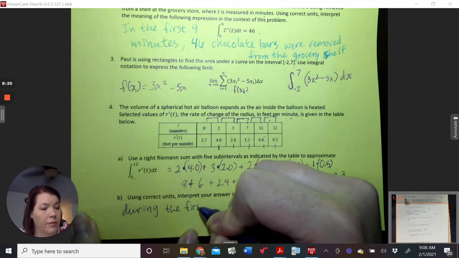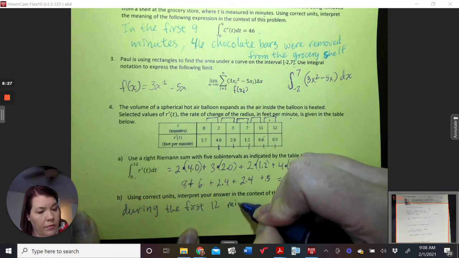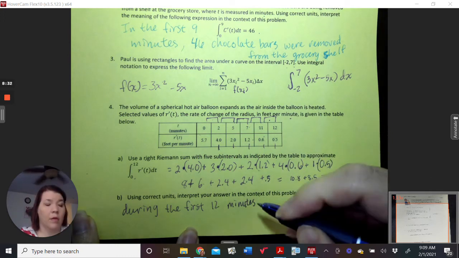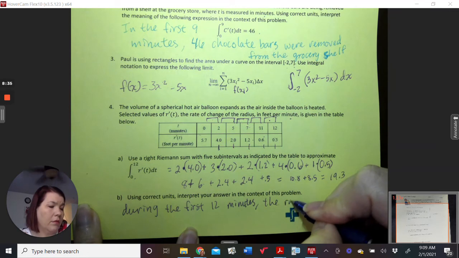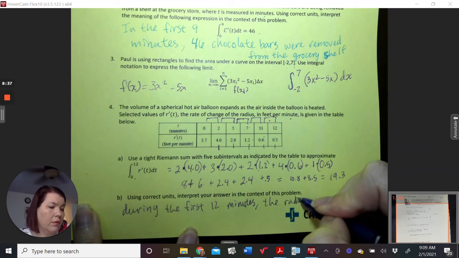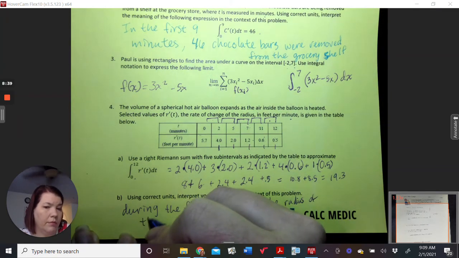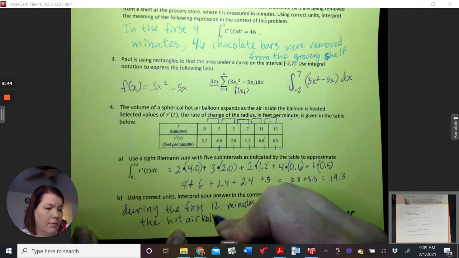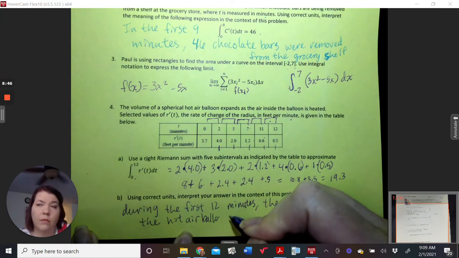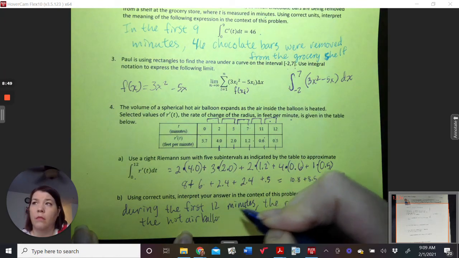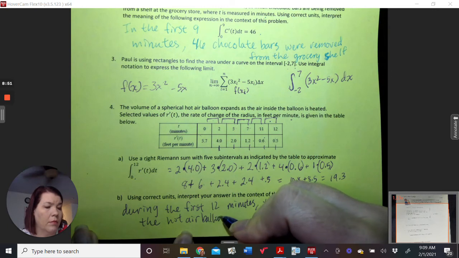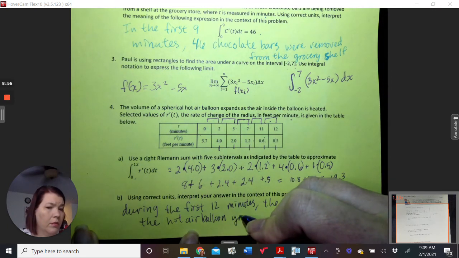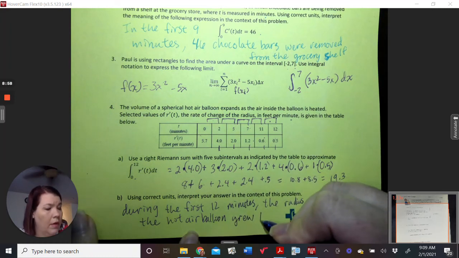Okay, the radius of the hot air balloon grew by 19.3 units, feet.